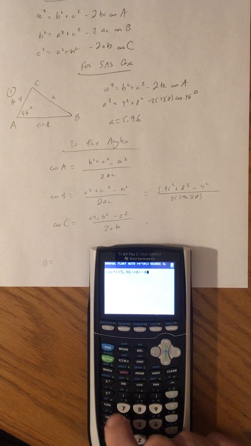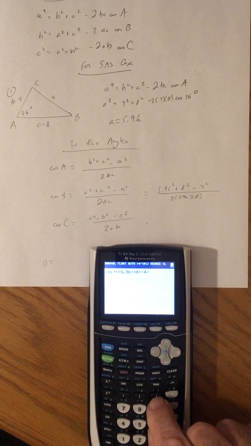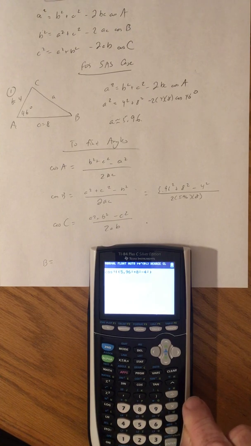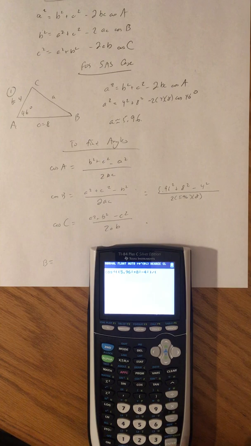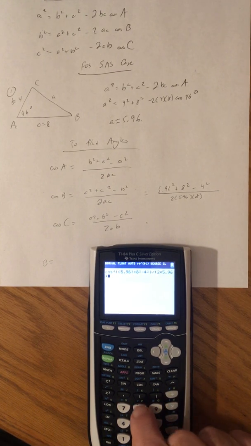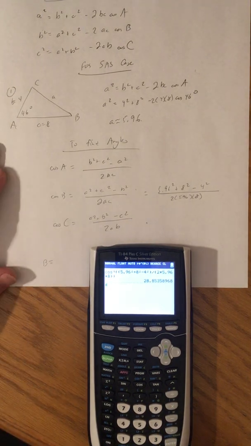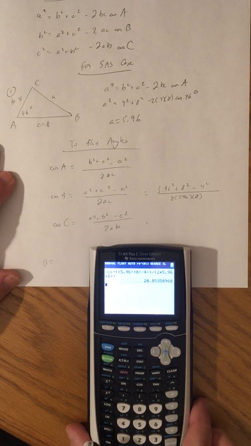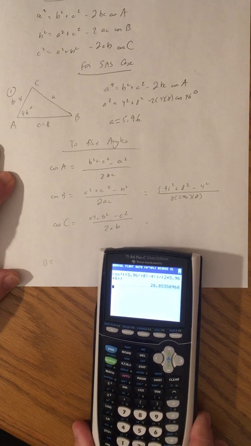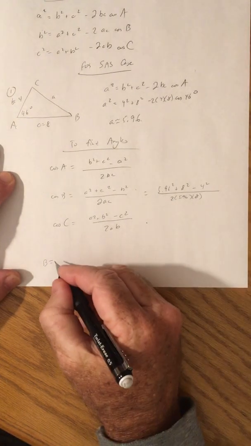Now, I mean, 4 squared is obviously 16, but might as well let the calculator do the work. 2 times 5.96 times 8. Close them both off. Okay, so angle B is 28.9 degrees.